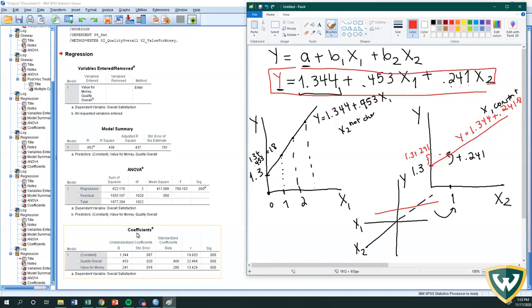All right, now you also see the standardized coefficients for beta over here that are standardized versions of your B's. And the T and the sig indicate whether your coefficients are statistically significant for you.